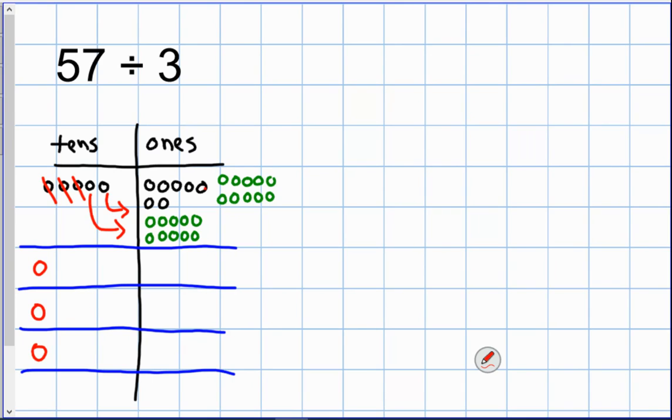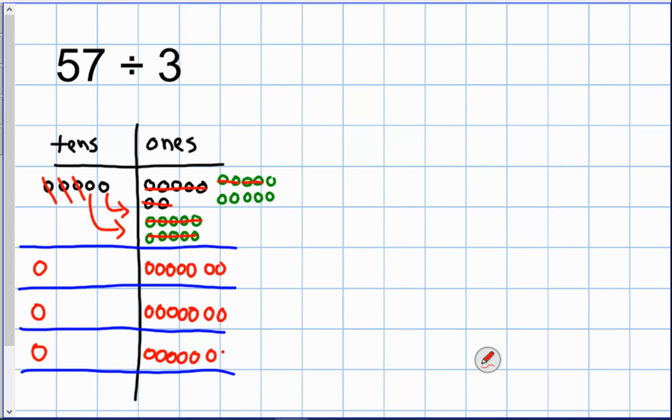I'm going to do 5 at a time because I have a lot of 5s there. So I can put 5 ones here, and I can put 5 ones here. Still have quite a few ones left. I think I'm going to do 2 at a time now. So 1, 2, take 2 away here, 1, 2, and take 2 away.